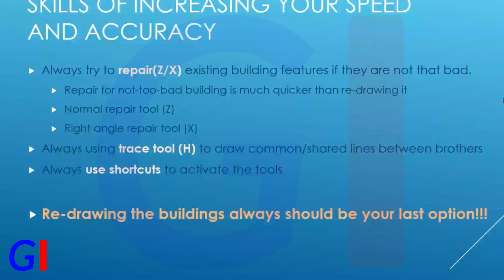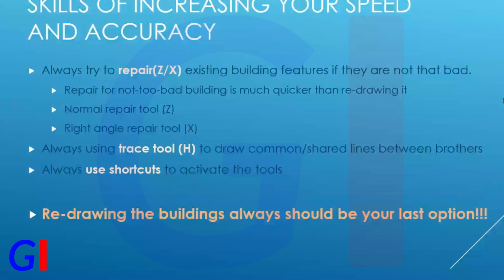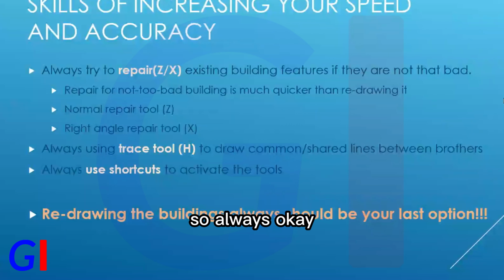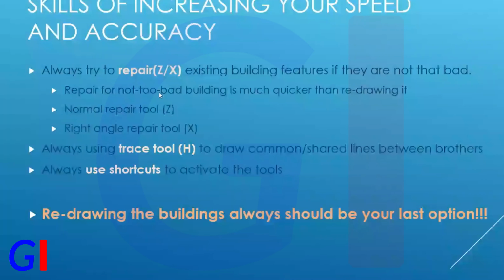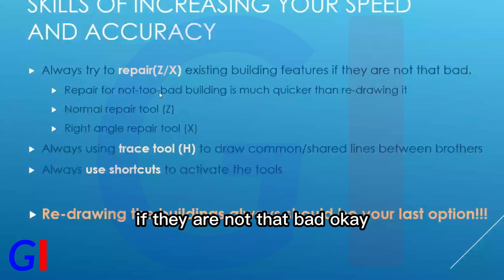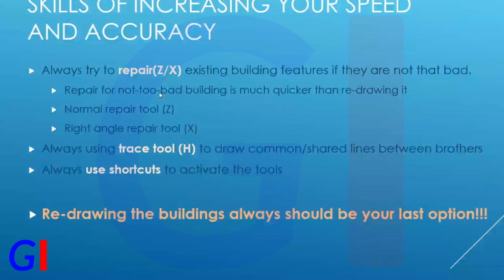So for our future projects, most of the projects are multi-layer building repair projects. So it's called a repair project. That means many buildings are already good buildings. So the first one, always try to repair existing building features if they are not that bad, okay? Always try to use the repair tool.